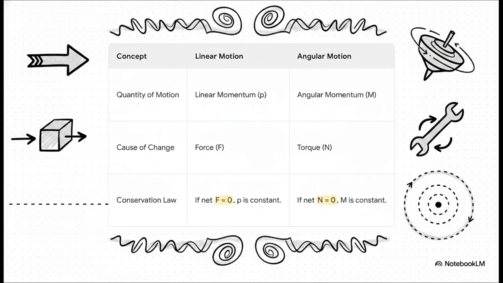You can see these beautiful parallels between linear and angular motion. Linear momentum has an angular counterpart. Force has torque. And here's the kicker, the most important line for us, the conservation law. For linear motion, if the net force is zero, momentum is constant. And for angular motion, if the net torque is zero, angular momentum is constant. That last bit is the entire key to solving part A.